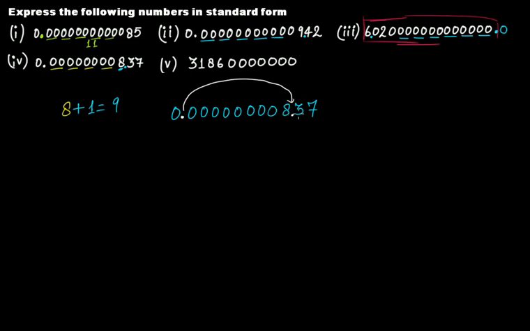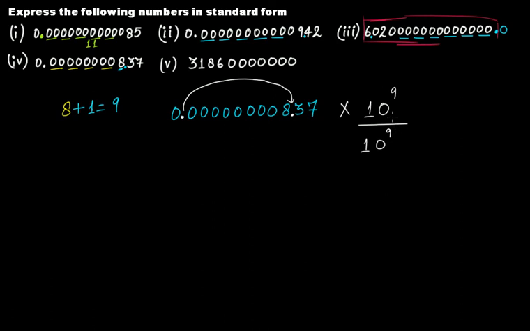So if I multiply this number by 10 raised to the power of 9, this decimal point will move. Why? Because this exponent is 9. In that case, your decimal point will move by crossing over 9 digits. But to keep the original number, you'll have to at the same time divide this number by 10 raised to the power of 9.